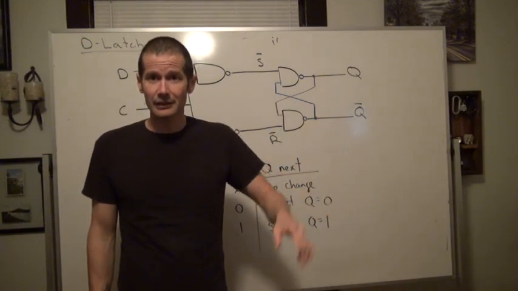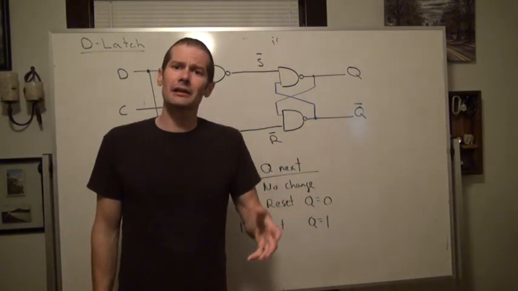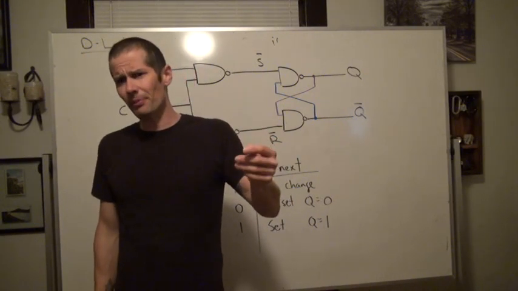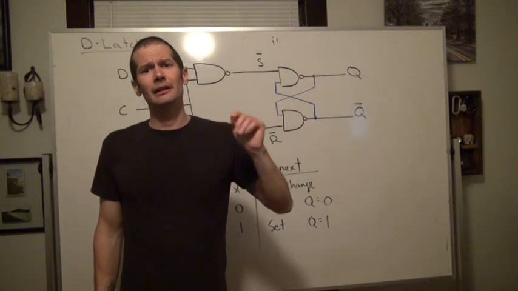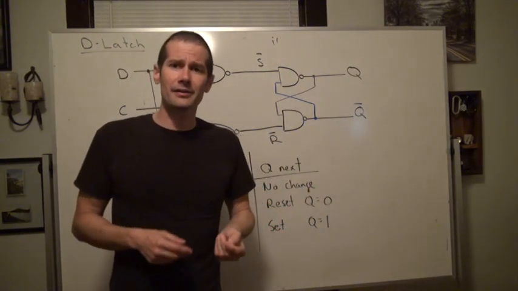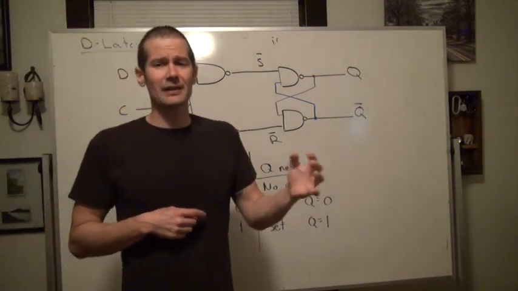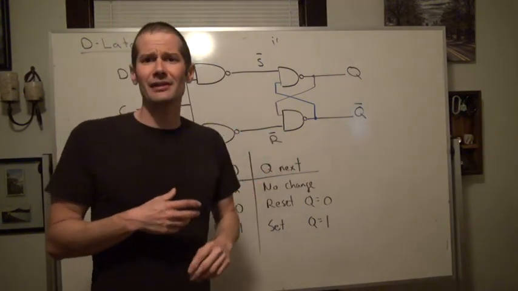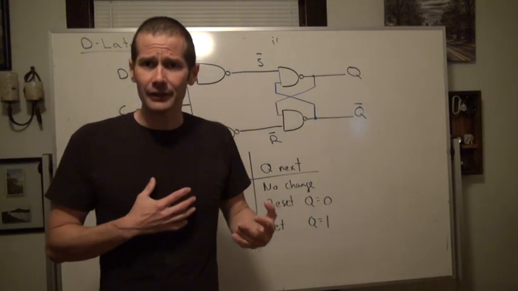We don't want that. It's also kind of arduous that S bar had to be one value and R bar had to be a specific value in order to cause a specific set or reset or hold in memory state to be valid.